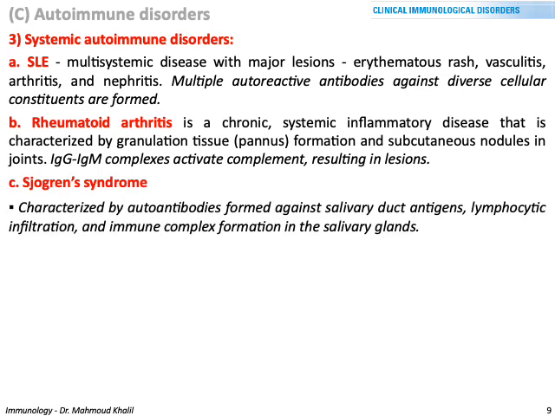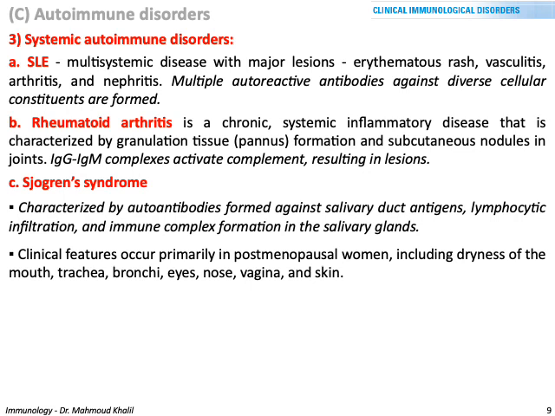Sjögren syndrome is characterized by autoantibodies formed against salivary duct antigen, lymphocytic infiltration, and immune complex formation in the salivary glands. The clinical features occur primarily in postmenopausal women, including dryness of the mouth, trachea, bronchi, eyes, nose, vagina, and skin.